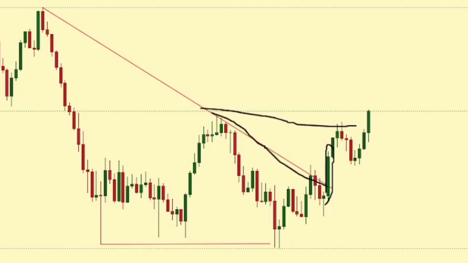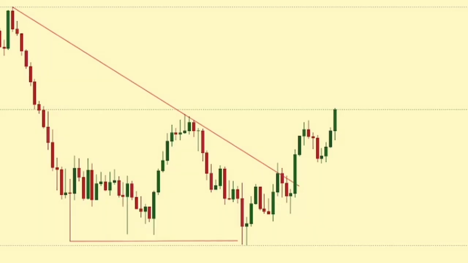This pause dey show say institution place order for the area, and that area we dey mark as our zone.